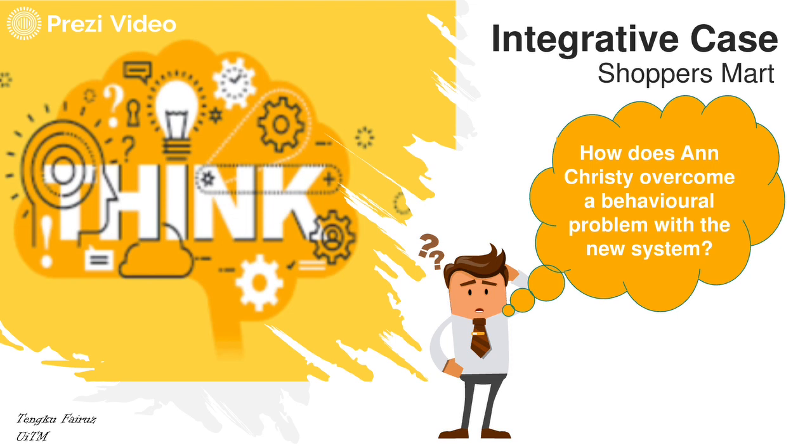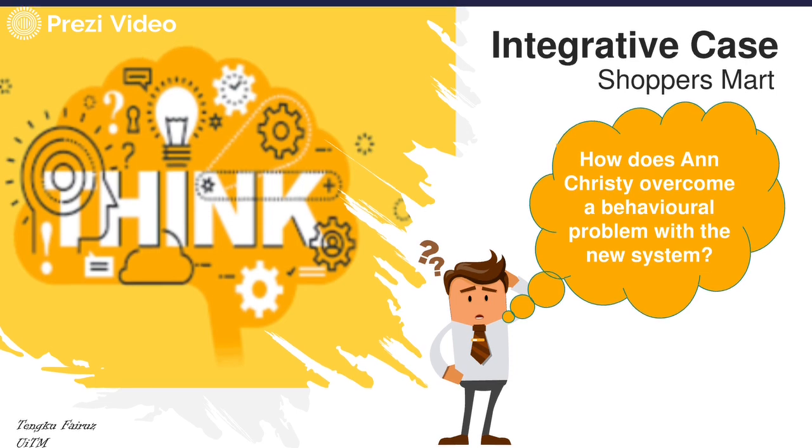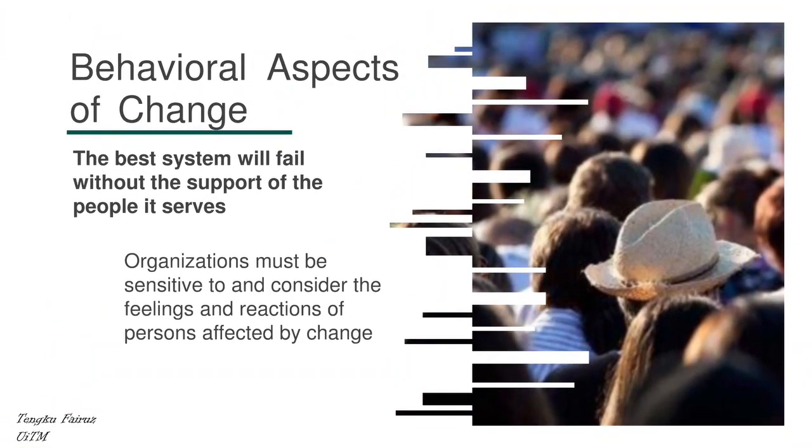They need to get the users involved to participate in the development. And the organisation must also be sensitive to and consider the feelings and reactions of the persons affected by the change, especially the users. Because the users are the ones who use the system, and if they refuse to use it, the organisation needs to do something to overcome those problems.